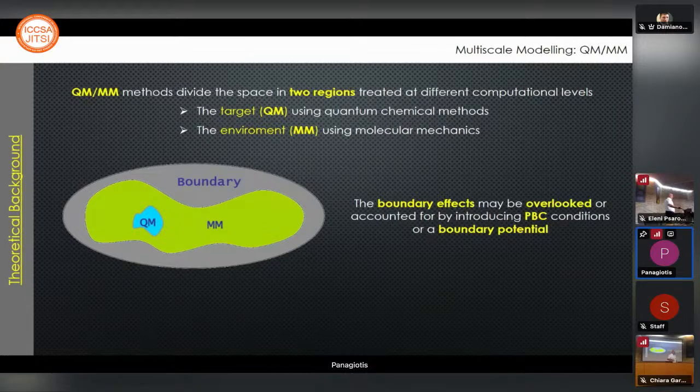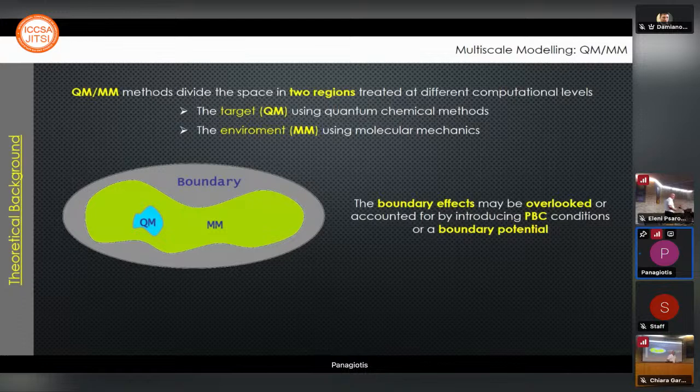Okay. So the scheme has not changed significantly so far. In the current QM/MM methods, the system is still divided into the target region, treated quantum mechanically, the nearest environment to the target region, treated classically, the MM region, and the boundary. The boundary is what surrounds, for example, water or a solvent.